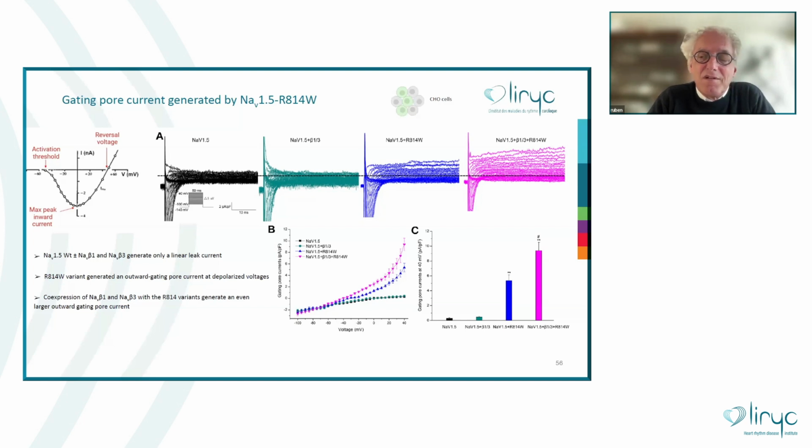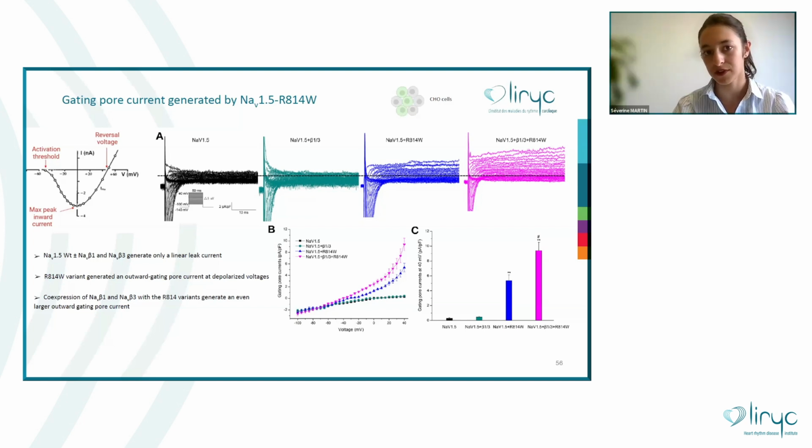It tells that there is an even larger leak in the presence of the variant channel, because normally sodium comes inward into the cell, and at the reversal voltage there is an outward current from the cytosol to the extracellular space.